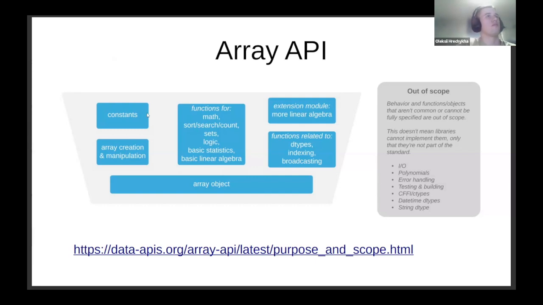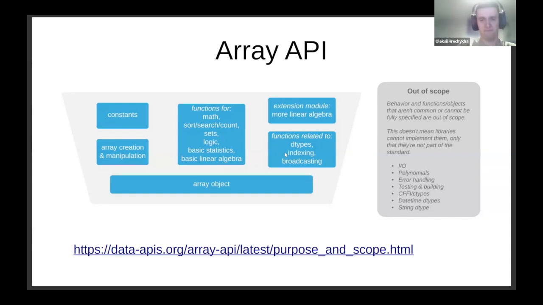So it must have specific functions that do the things that he can expect them to, and so on. Most popular libraries are using some sort of such standard, things like NumPy, TensorFlow, PyTorch, Dask, etc.